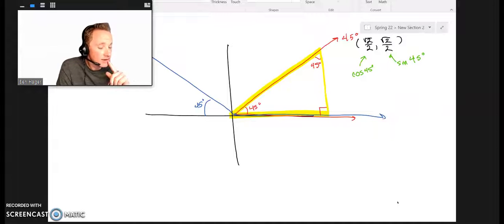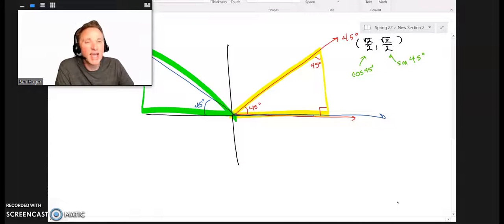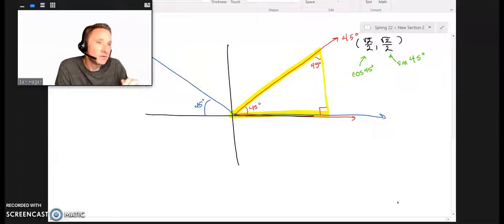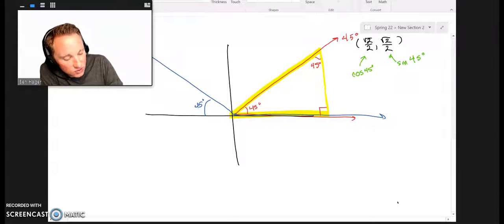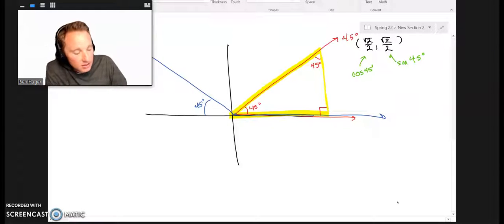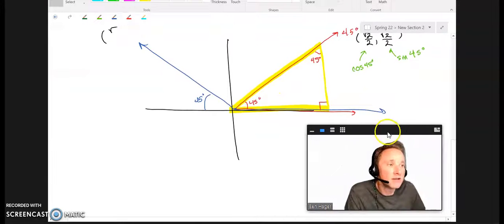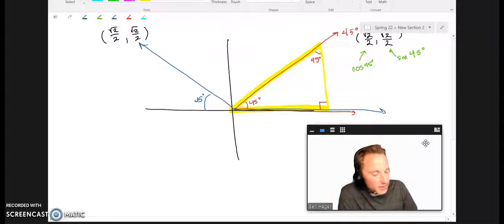So instead of drawing this special right triangle, labeling sides A and all that good stuff, we don't need to. We know that cosine is root 2 over 2, and sine is root 2 over 2.